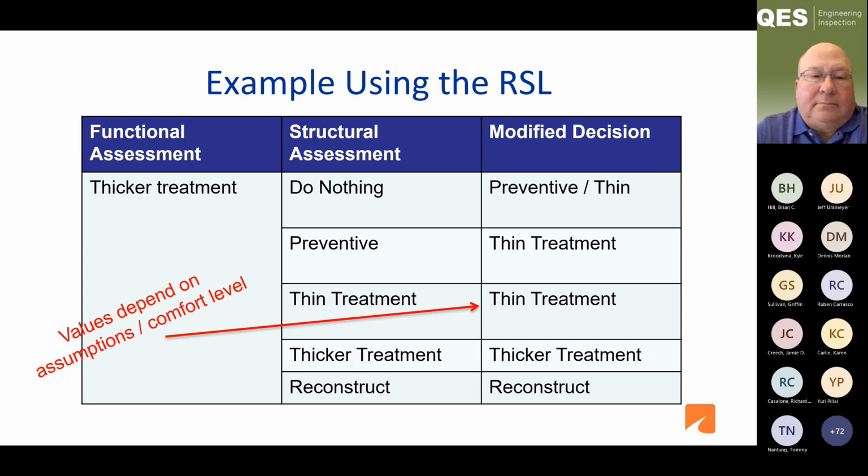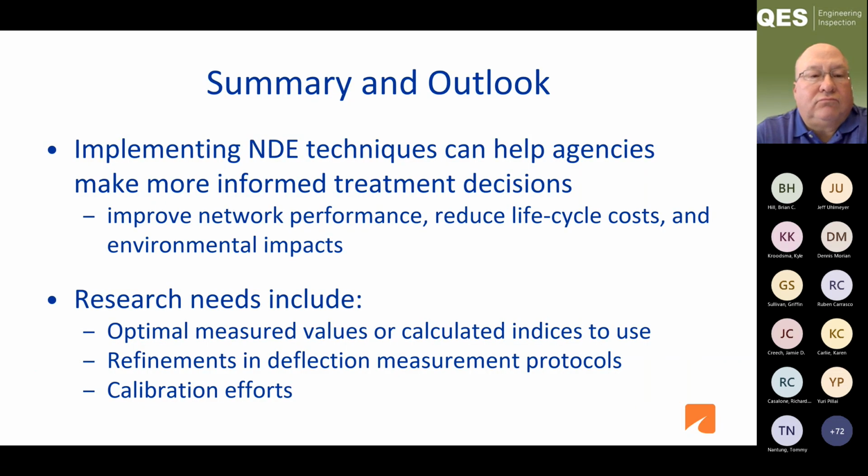You probably don't have to do something as thick as that. However, again with a caveat, as in the last slide, these values really depend on the assumptions you'd like to make as an agency, and on the comfort level of the agency. But you can see pretty quickly, if you modify these treatment levels, how you could really drive the cost differences by including the TSD data. Next slide, please, Steve.